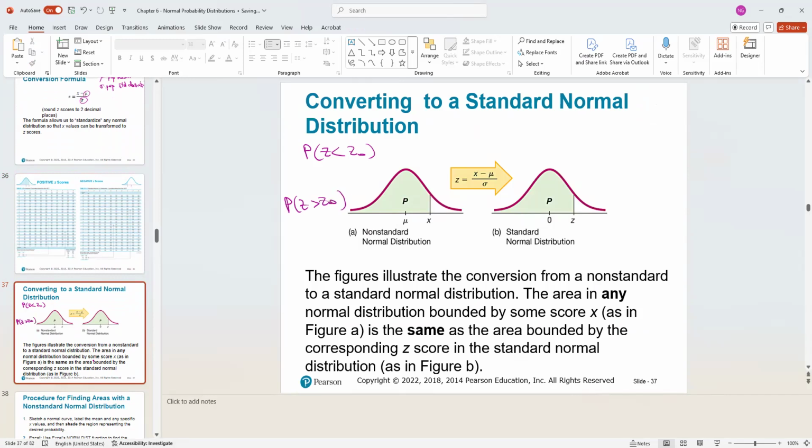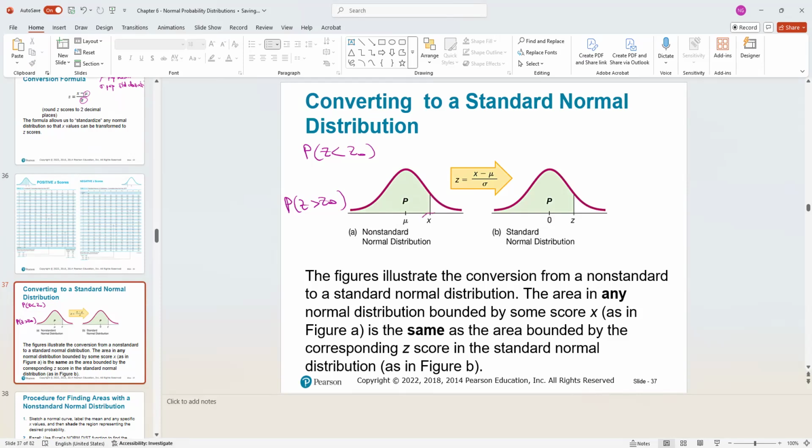If it says greater than, no more than, at least, at most, less than, you need to decide which one it is. The figures here illustrate the conversion from a non-standard to a standard normal distribution. You take any x, you convert it to z.